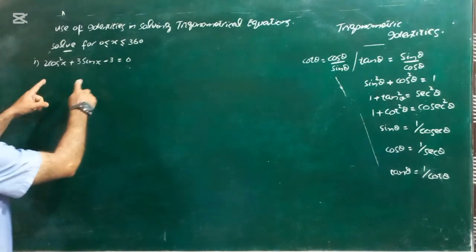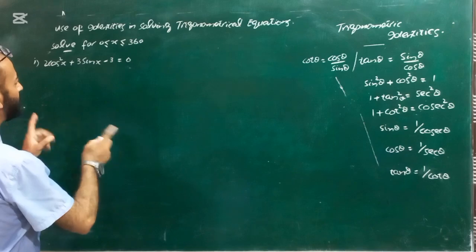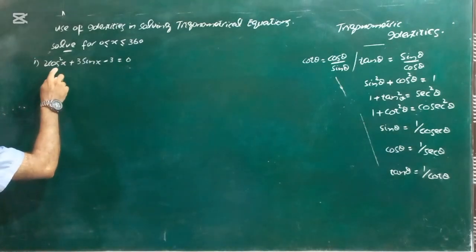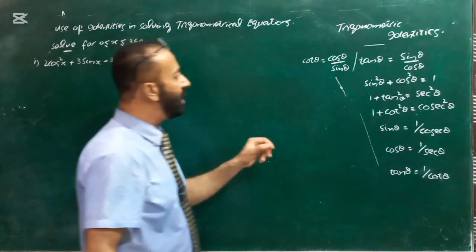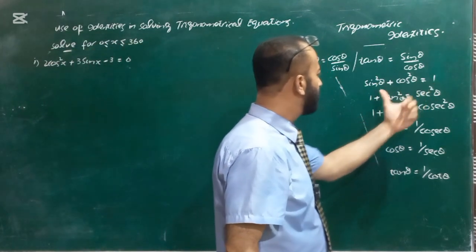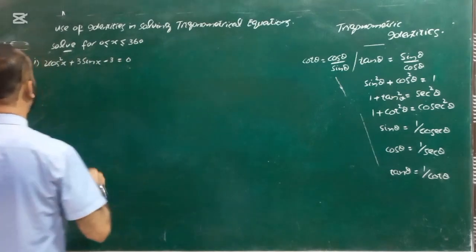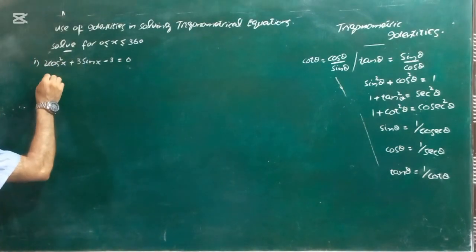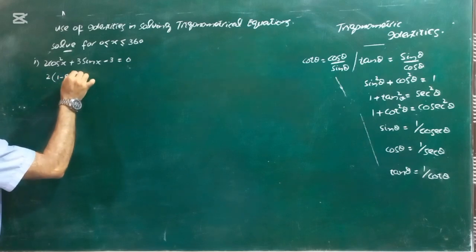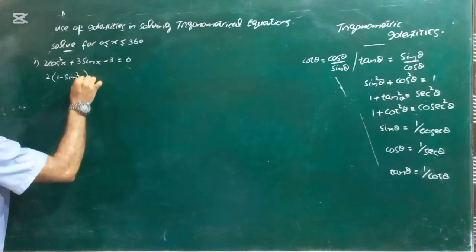So here two different trigonometrical ratios are there. So first we will make them one trigonometrical ratio. So cos square x will be equal to 1 minus sin square x from here. So we are going to put the value of cos square x into this one. So 2 into 1 minus sin square x.